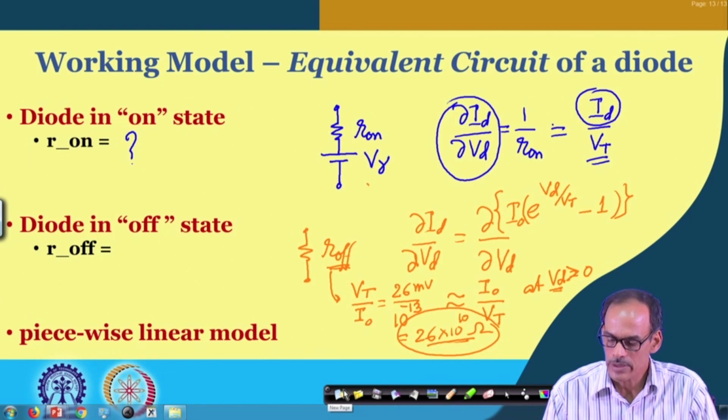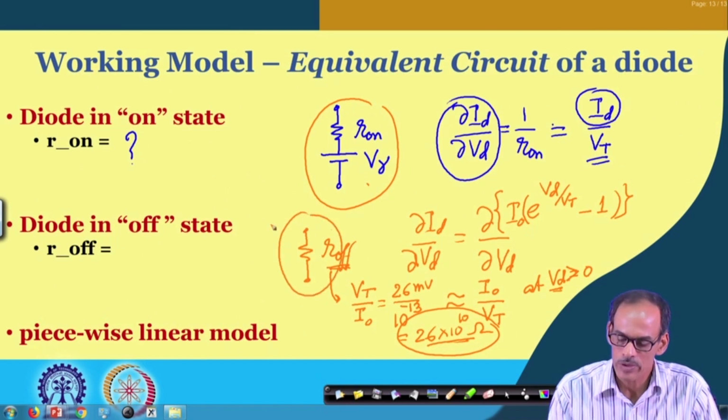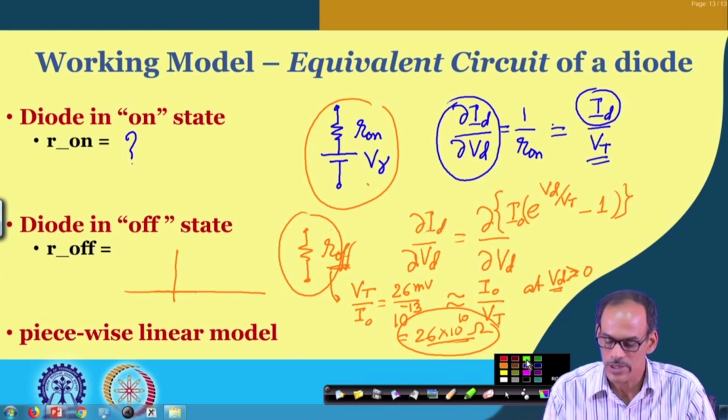So, that is the circuit model, and as I said, in these two representations of the diode, the exponential equation is getting replaced by the piecewise linear model.